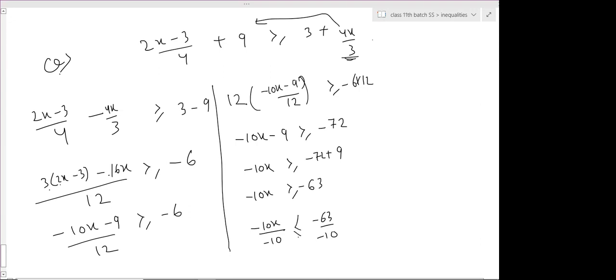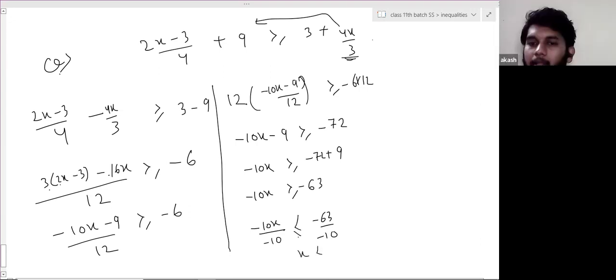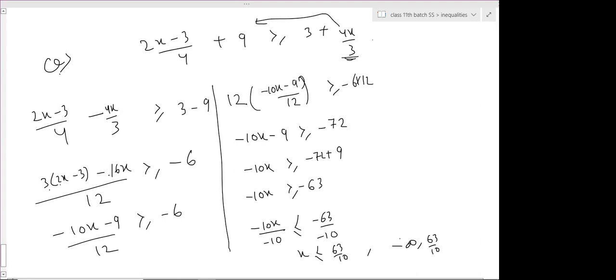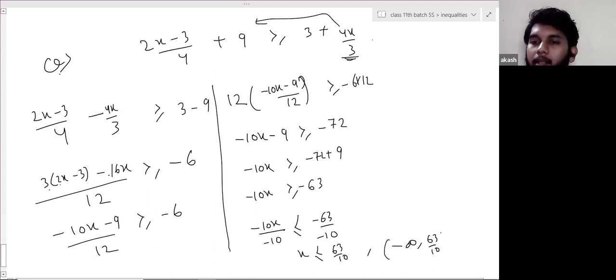So this is x less than or equal to 63 by 10. So the answer will be minus infinity to 63 by 10. And do we use closed brackets or open brackets? Minus infinity gets an open bracket, and this is a closed bracket, because we have the equality sign.